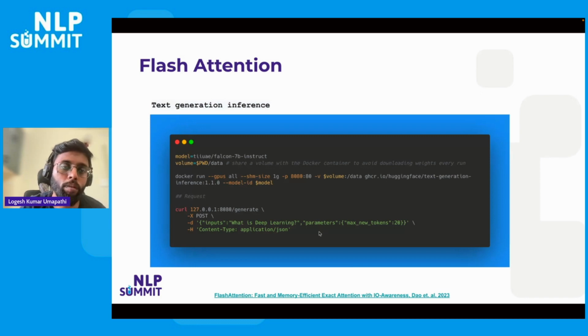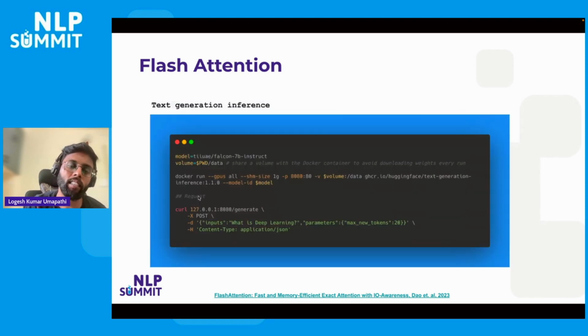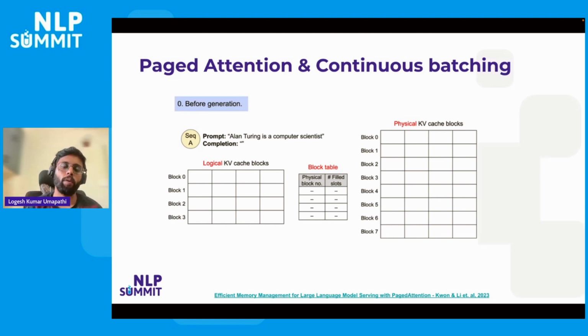We can just do it with a Docker command, where we do docker run with the text generation inference image, and we pass the model ID of the model from Hugging Face, and we are good. If our model is supported with flash attention in any of the list given here, our model would be able to load with flash attention, and we would be inferencing at a much faster speed.